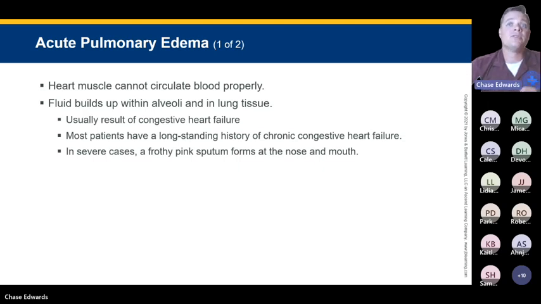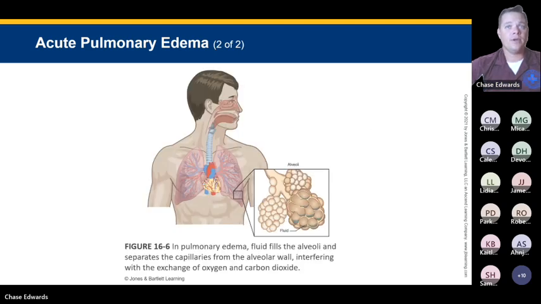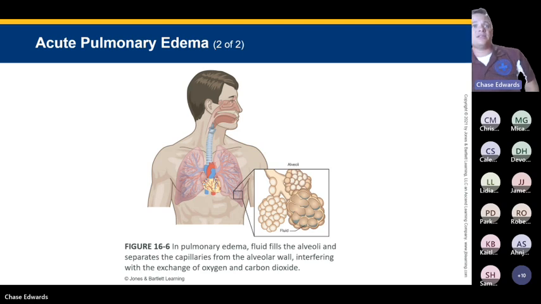Most of your patients have a long-standing history of chronic congestive heart failure that can be kept under control with medication. Not all patients with pulmonary edema have heart disease, though. And there's a picture. This figure right here shows fluid filling the alveoli in pulmonary edema.